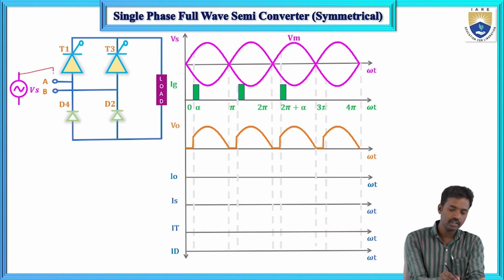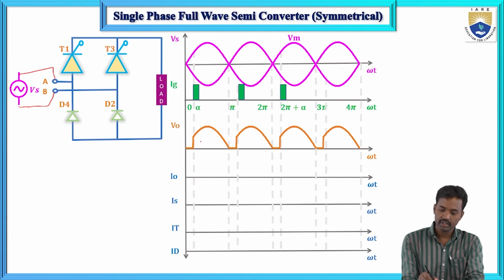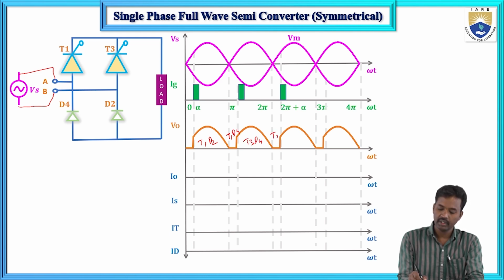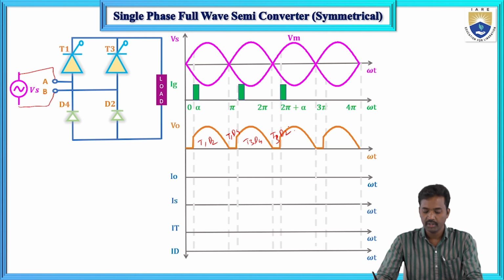So first, this is T1 D2, and next T1 D4 will conduct, and next T3 D4 will conduct, and next T3 D2 will conduct.